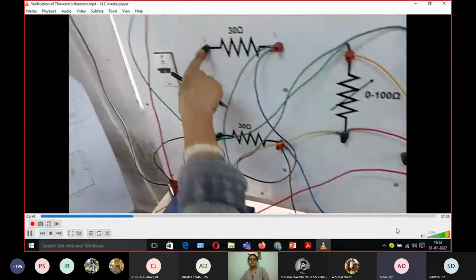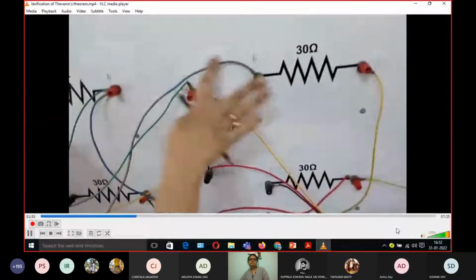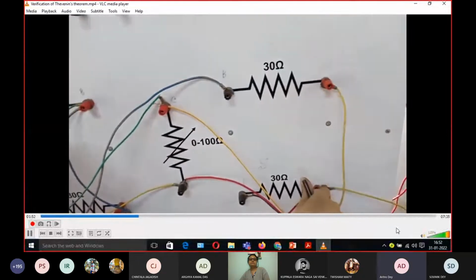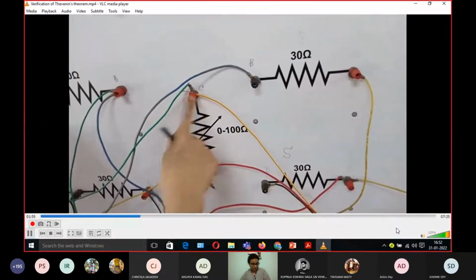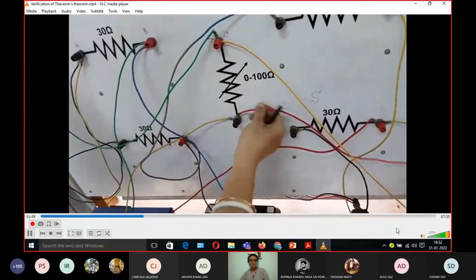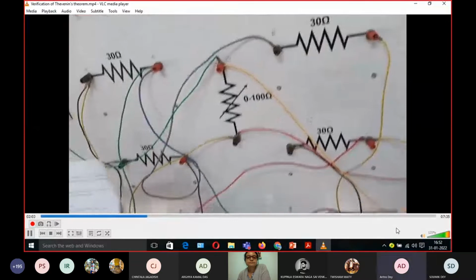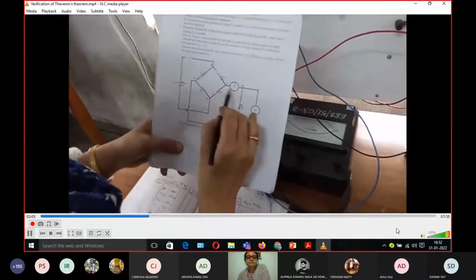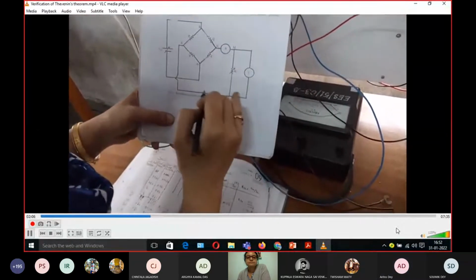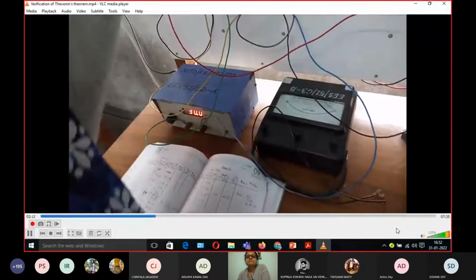Another thing is that A and A are shorted, and B and B shorted, and C is shorted, and this C is also connected here. And this is A, another A terminal. So this one is shorted. Now an ammeter is inserted here with RL. That means across C and A one ammeter is connected. So this ammeter is here.